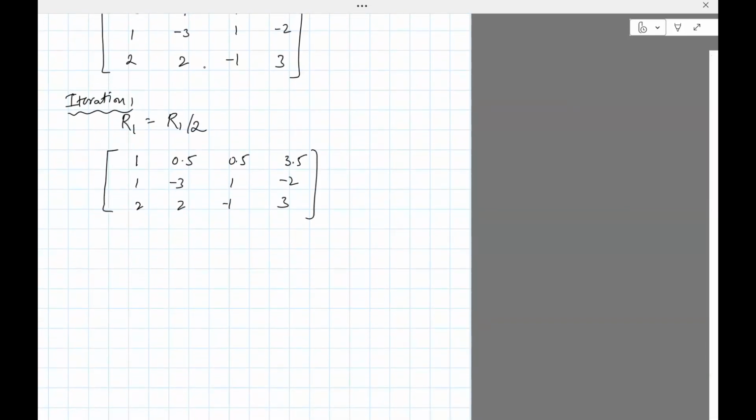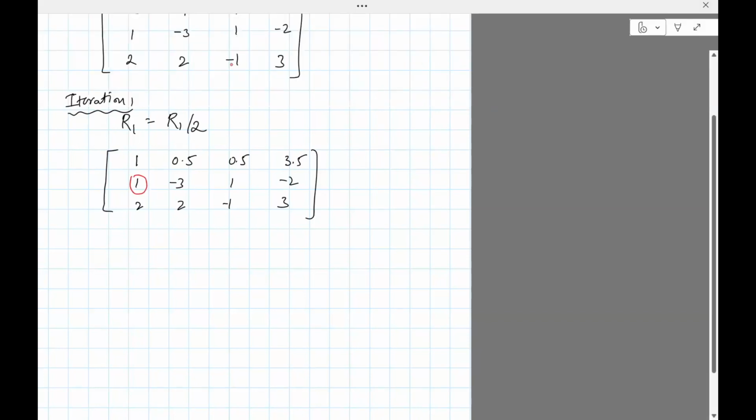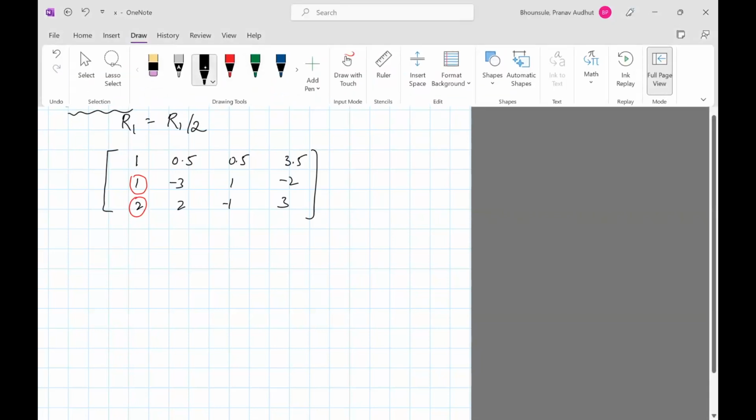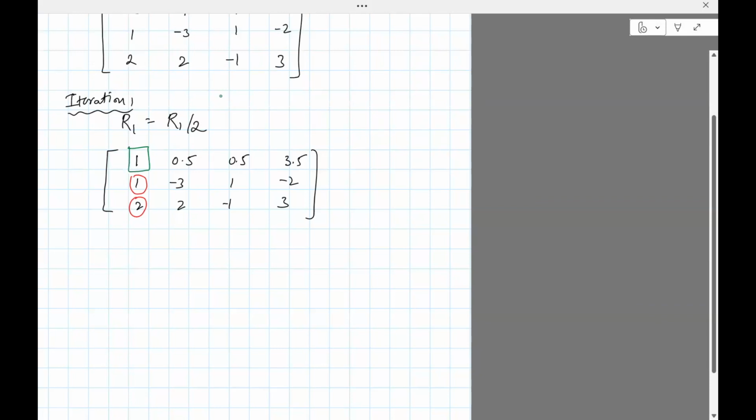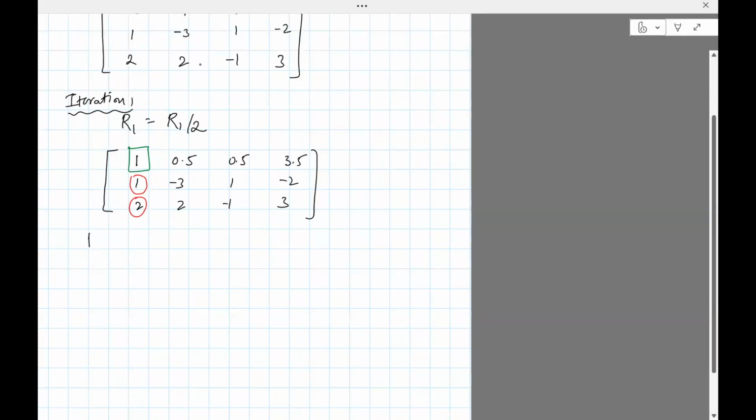Our next step is to eliminate this and this using the first row, first column element. We'll use the first row, first column to eliminate the 1 and 2 below it. To eliminate this 1, we would do row 2 minus twice row 1.